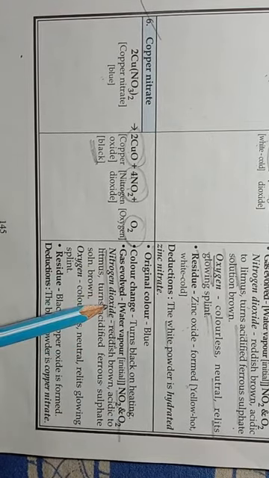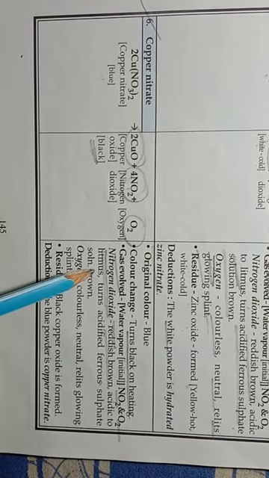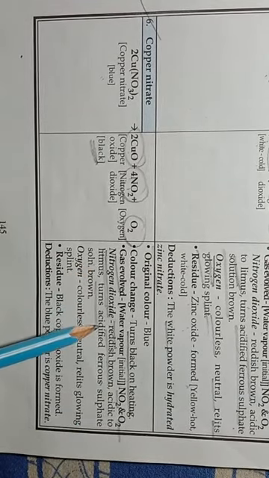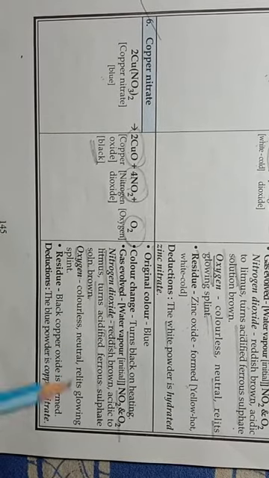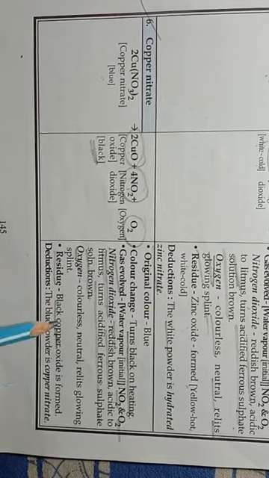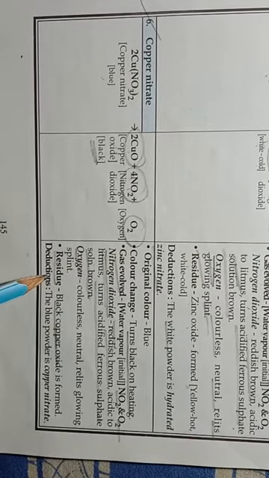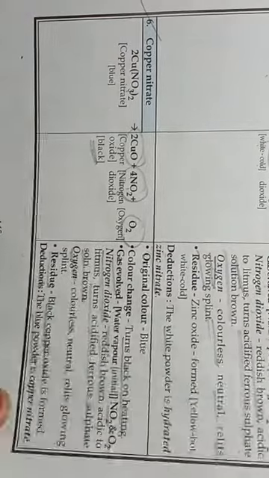Nitrogen dioxide gas is reddish brown, acidic to litmus, and turns acidified ferrous sulfate solution brown. Oxygen gives the same observations. The residue is black copper oxide, and we can conclude here that the blue powder is copper nitrate.